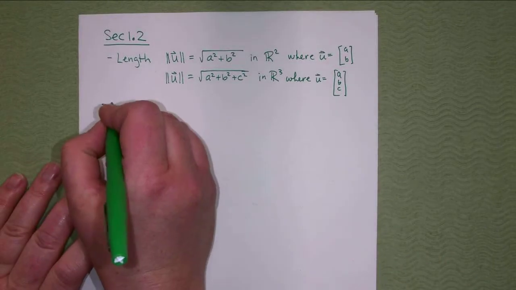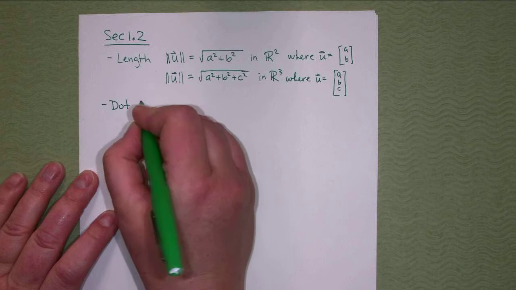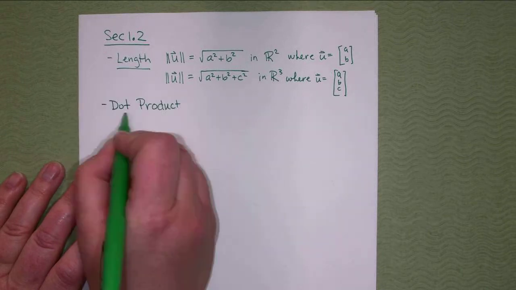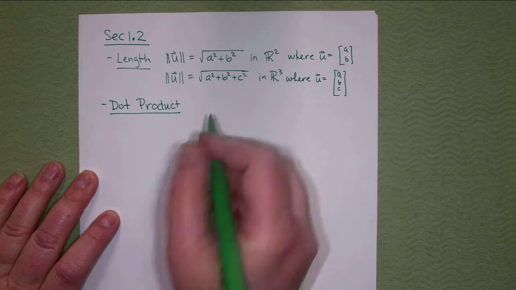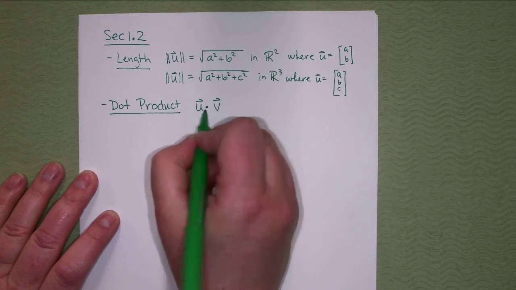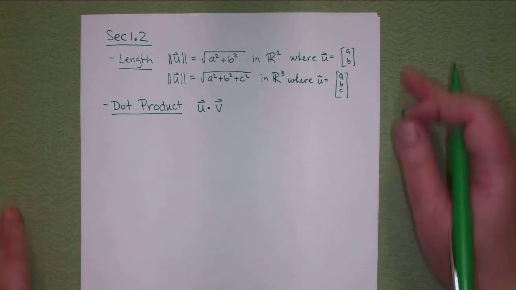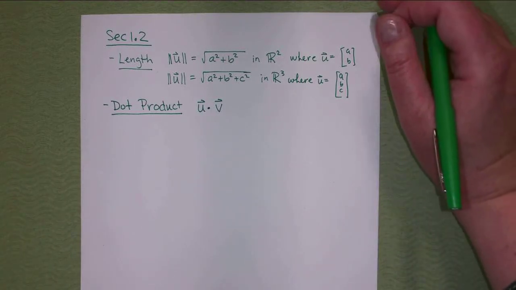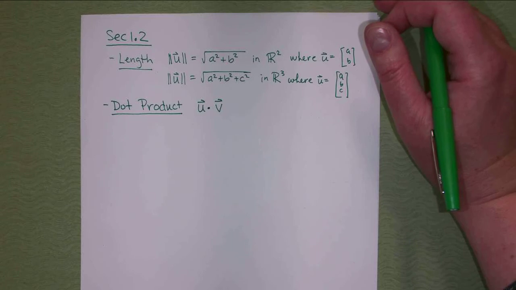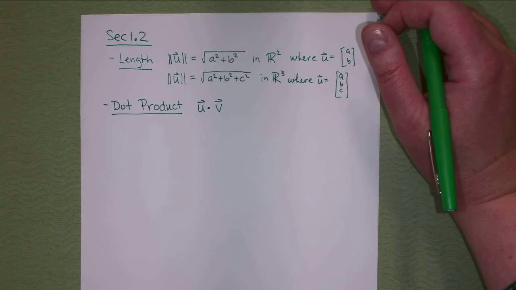So that's going to bring us to the next topic, which is the dot product. So length we did. Dot product. You have to have a dot, whereas in regular calculus, if you were writing u times v as two real numbers multiplied together, you might just write uv together, and it's understood to be a multiplication.